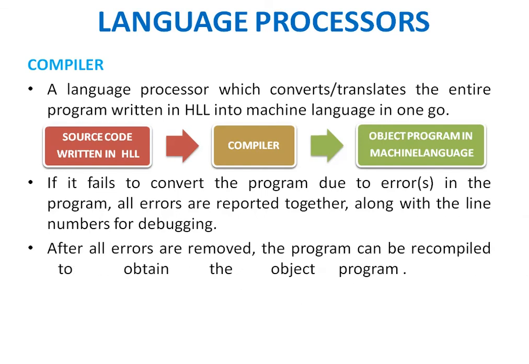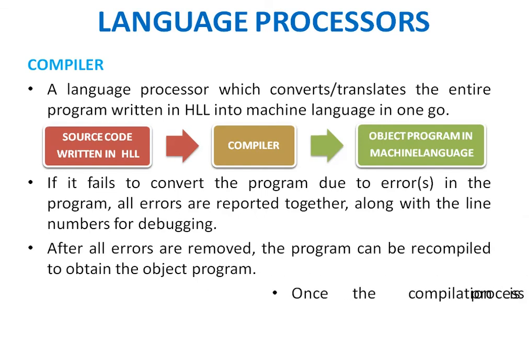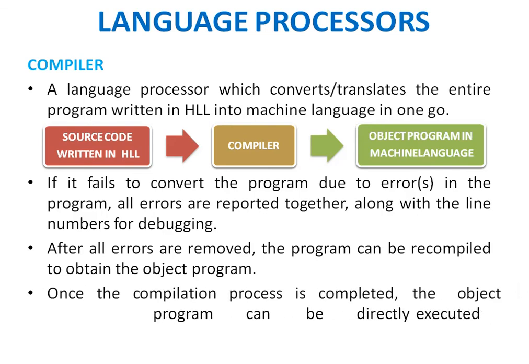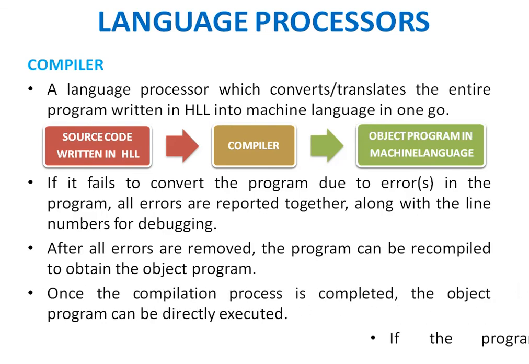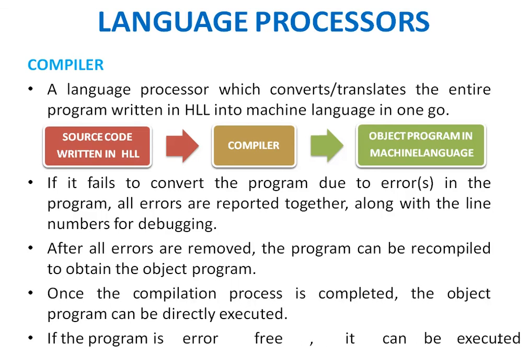If it fails to convert the program due to any errors in the program, all the errors are reported together along with the line numbers for debugging. So when the compiler encounters any errors in the program, it reports all the errors together, not line by line. So we have the line number and we have all the errors, and one by one we can correct all the errors and we can debug them.